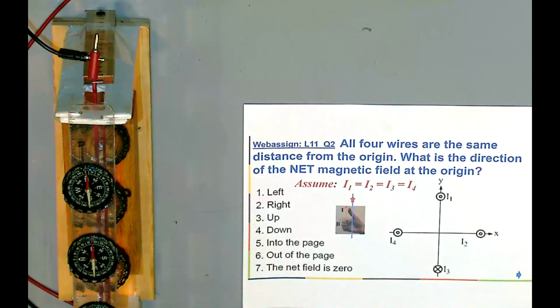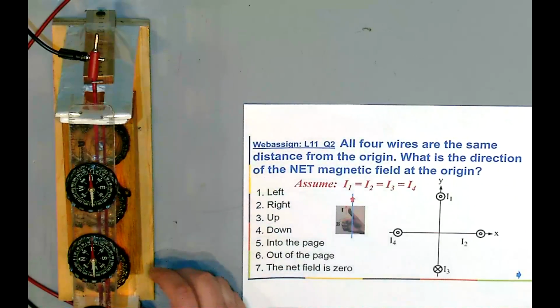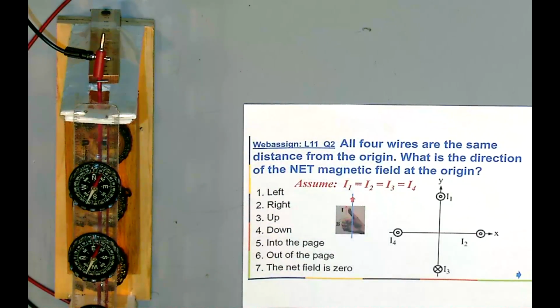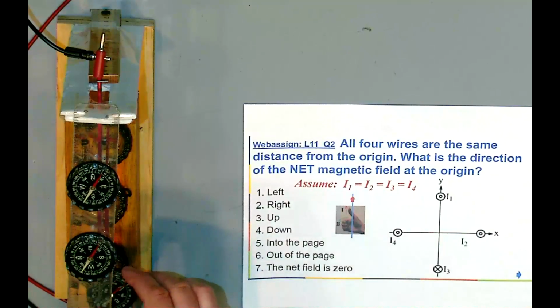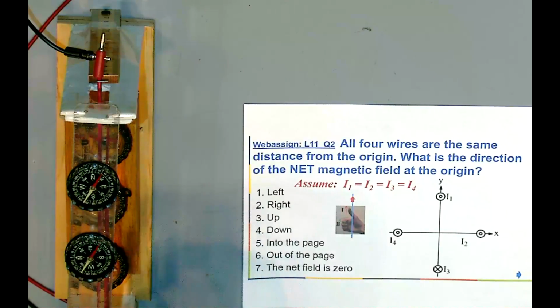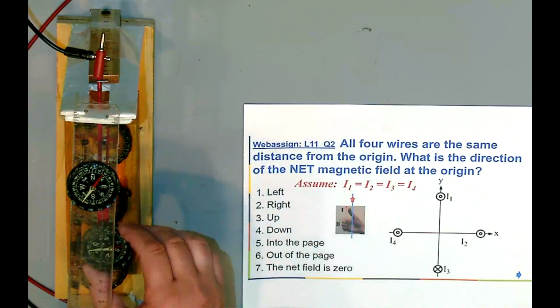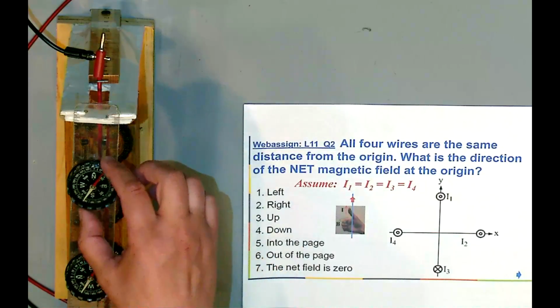And this wire should make these compasses move. These are less frictional. Here, if I move it closer, we can see the magnetic field makes these compasses move.